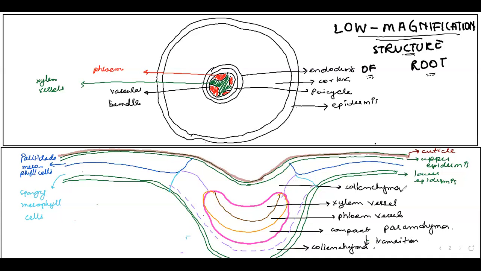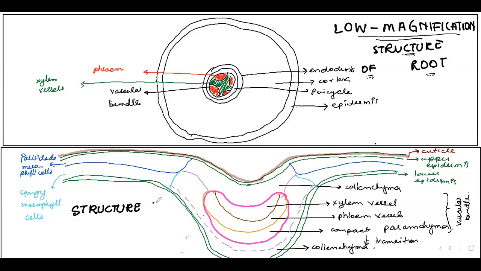And altogether, if we combine these three layers, your xylem vessel, your phloem vessel, and your parenchyma, we get our vascular bundle. This is what the structure of the leaf actually looks like.